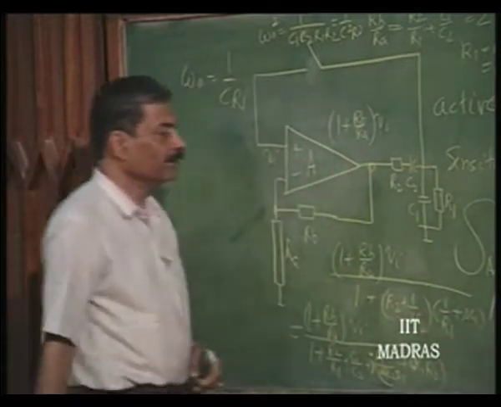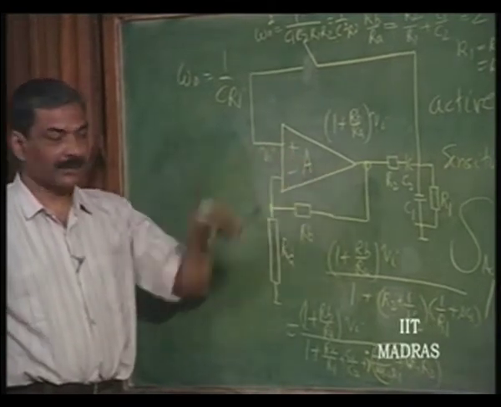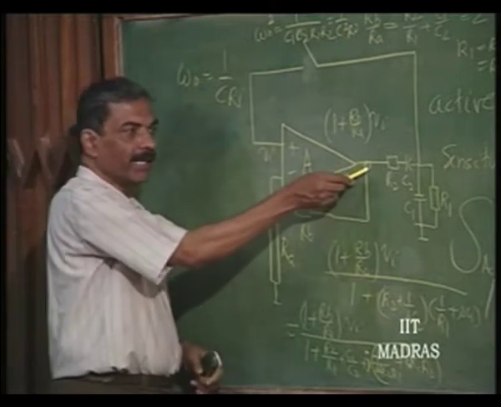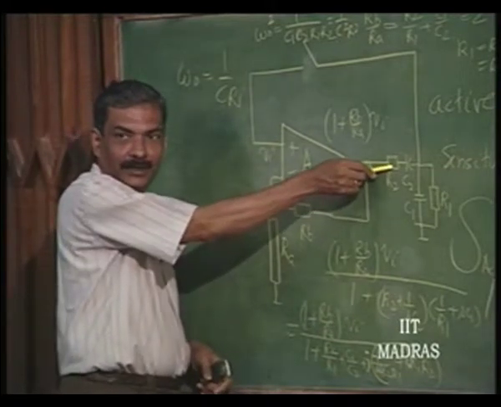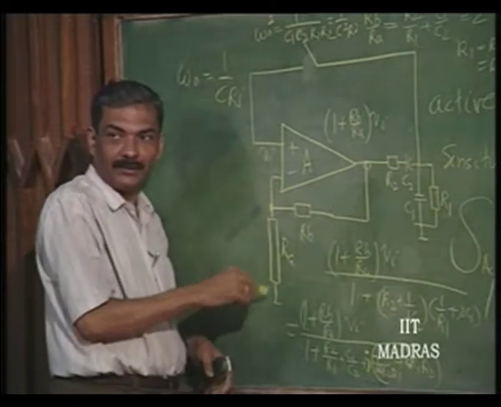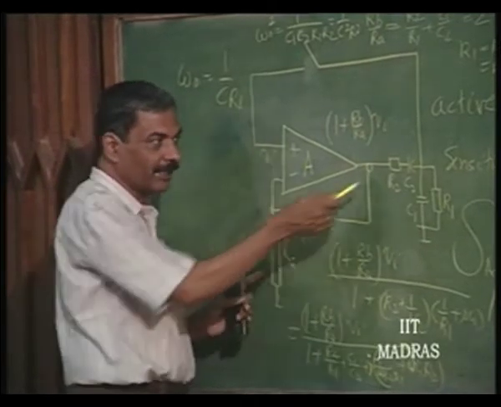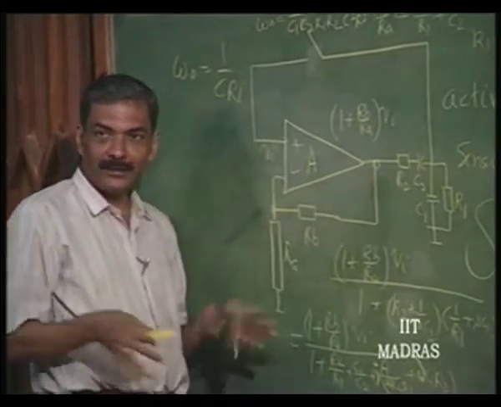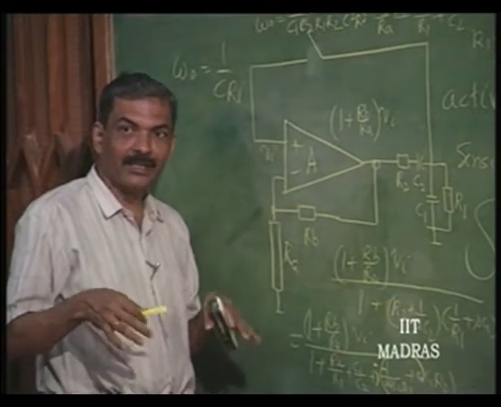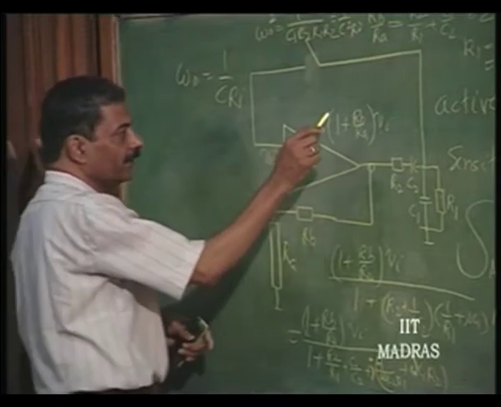We are not considering input impedance and output impedance, which will further add to our trouble, because output impedance will add in series with R 2, and input impedance will add in shunt with R A. So, if input impedance and output impedance become comparable to R A and R 2, it is going to cause stability problems. In this case, we will not consider that, we will consider only the gain aspect.